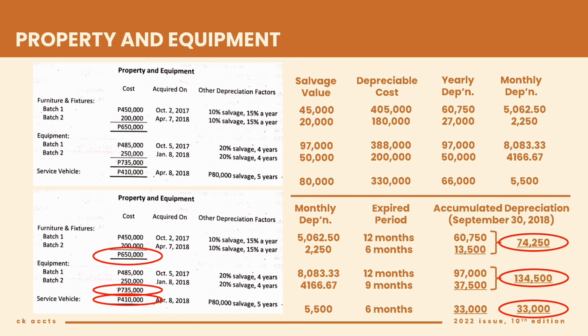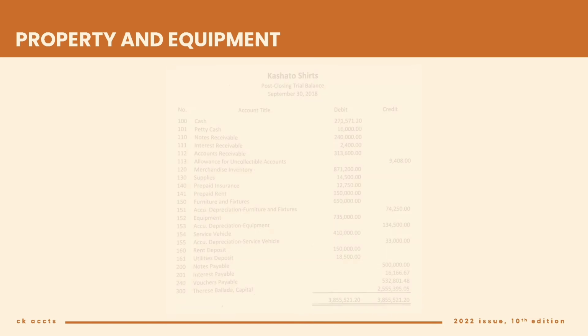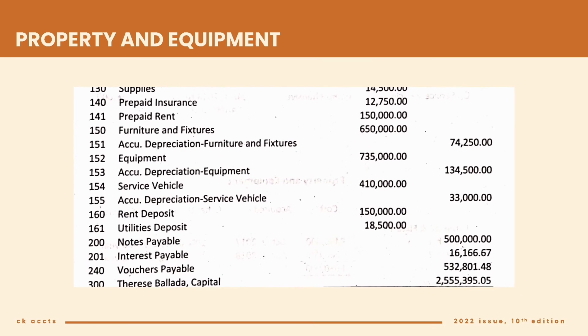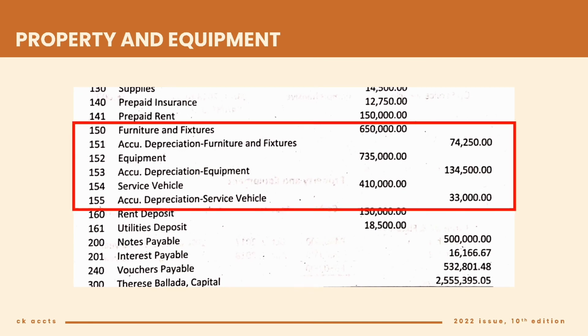And for us to do that, tandaan nyo, ayan, 650,000, 735,000, 410,000, 74,250, 134,500, and 33,000. So, pag tinignan natin siya sa post-closing trial balance natin, makikita natin dito na parehas sila. Okay, we have the 650, 735, 410, 74,250, 134,500, and 33,000.